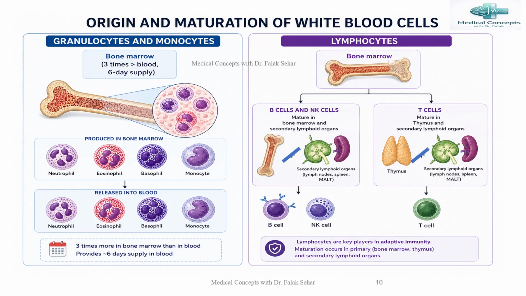Lymphocytes also originate in the bone marrow. B cells and natural killer cells mature in the bone marrow, whereas the T cells migrate to the thymus and complete their maturation there. Afterward, all lymphocytes populate secondary lymphoid organs such as lymph nodes, spleen, and mucosa-associated lymphoid tissue, where they participate in immune responses.